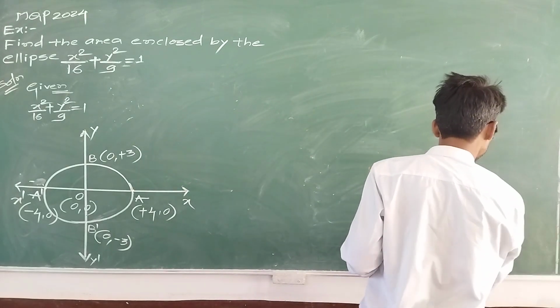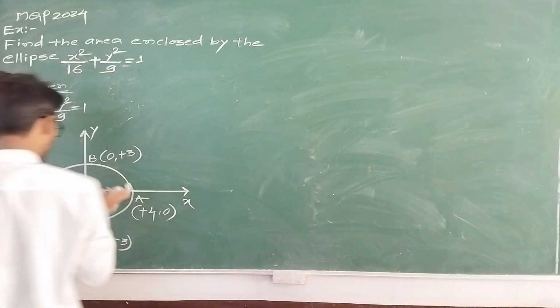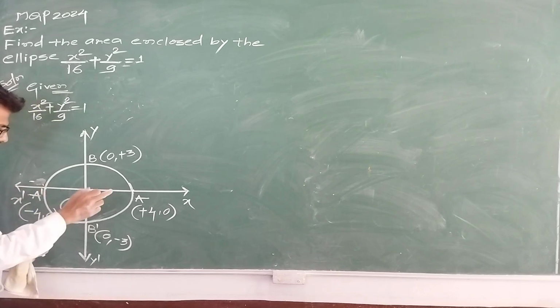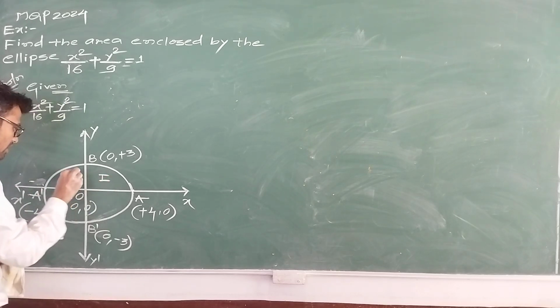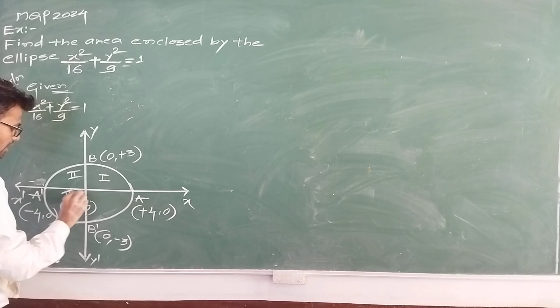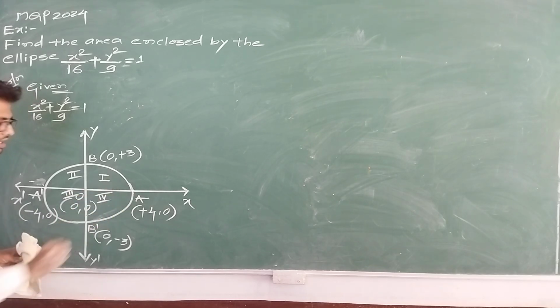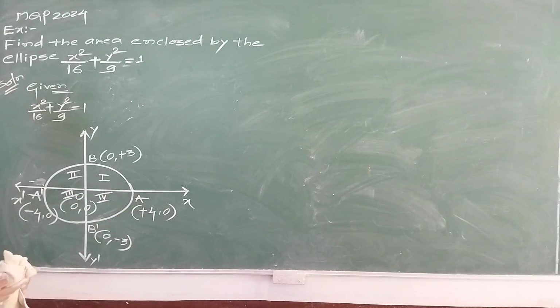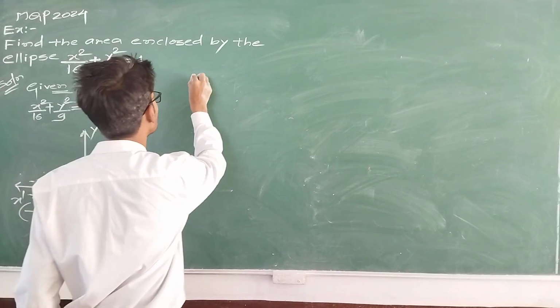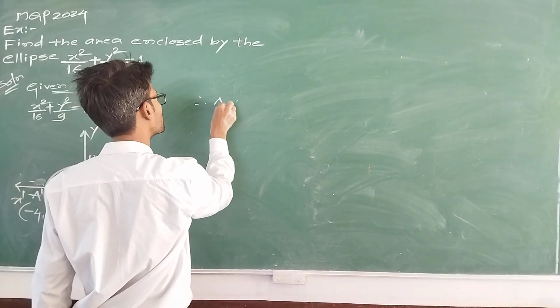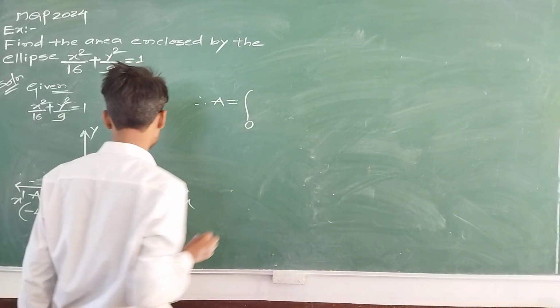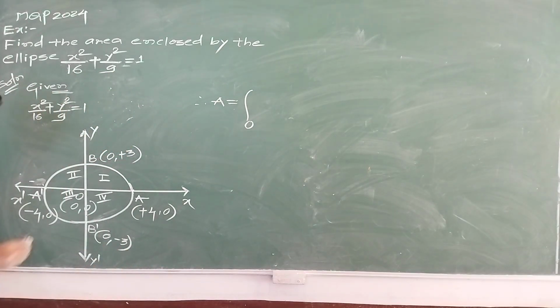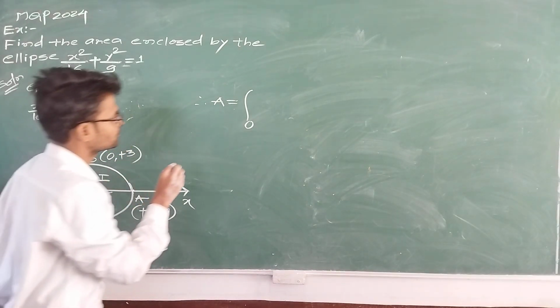See, this curve is symmetric about both the x-axis and the y-axis. We are having 4 equal parts here, and the areas of all these parts are equal. So therefore, I'll write the required area A is equal to 4 into the integration from 0 to 4.